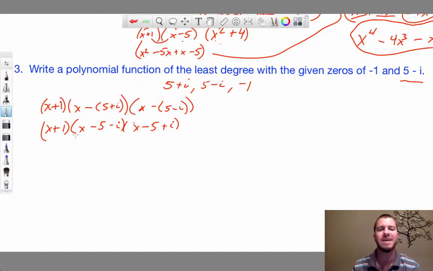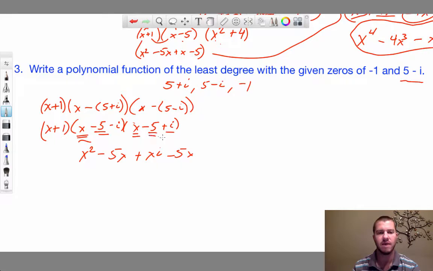So still multiply the complex conjugates first. x times x is x squared. x times negative 5 becomes negative 5x, and x times i becomes positive xi. Now I'm going to distribute the negative 5. Negative 5 times x is negative 5x.